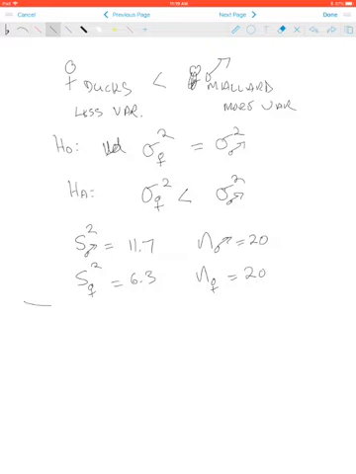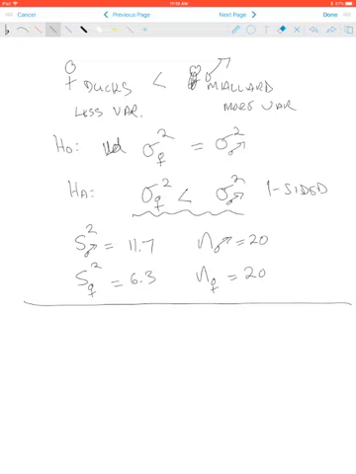Now, there's a difference when you're doing this one-sided F test. Here, it's the alternative hypothesis that specifies which variance goes into the numerator versus the denominator.